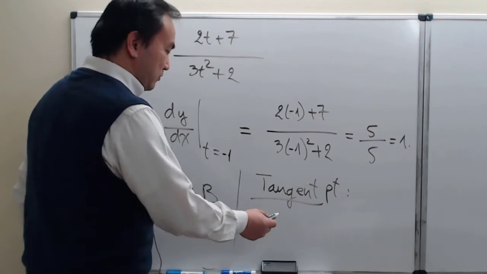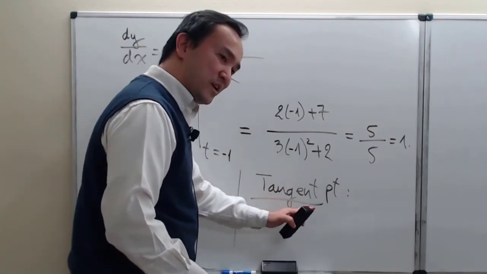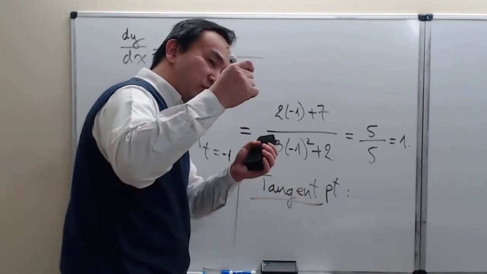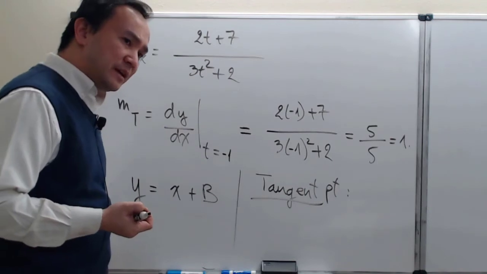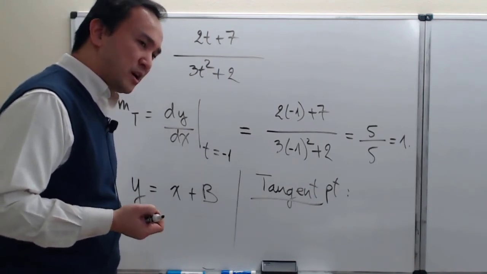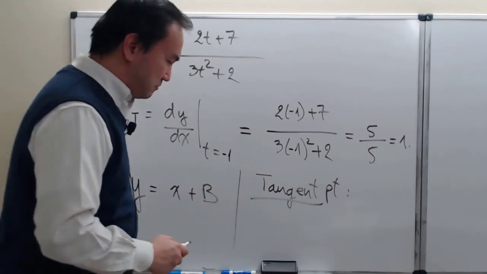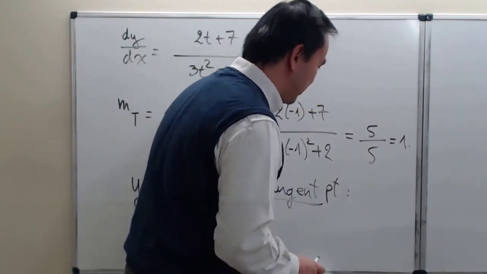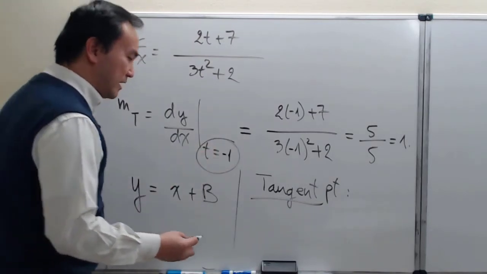And then after getting the slope, we have to find out where our tangent point is, where the tangent line meets the curve. Okay, but now the curve here is completely expressed parametrically. And that means here's how I find my tangent point. This is at t equals -1.